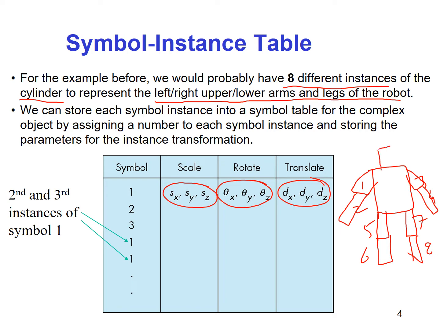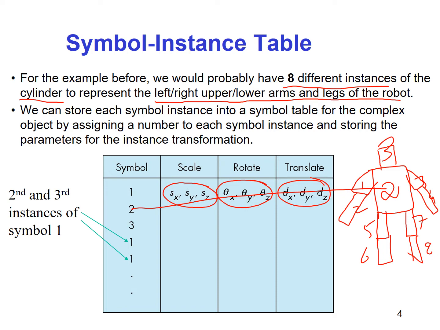We probably would have another cube as a head, or maybe 2 instances of the same cuboid here, but in here perhaps symbol 2 is the torso of the robot, and symbol 3 is the head of the robot, and the limbs are represented with cylinders.